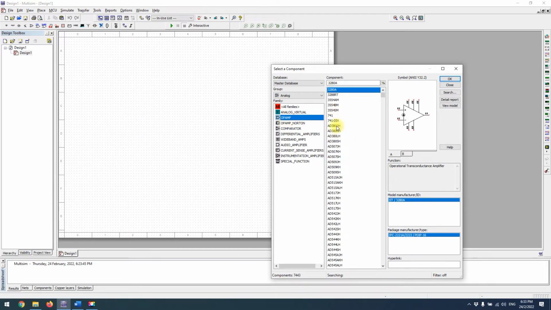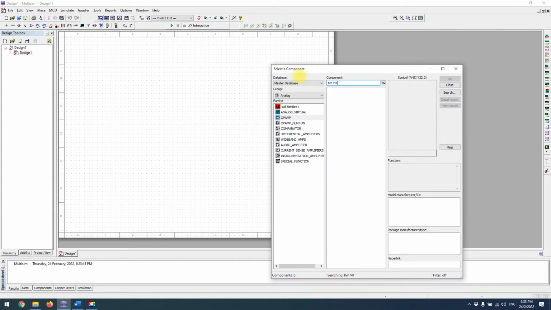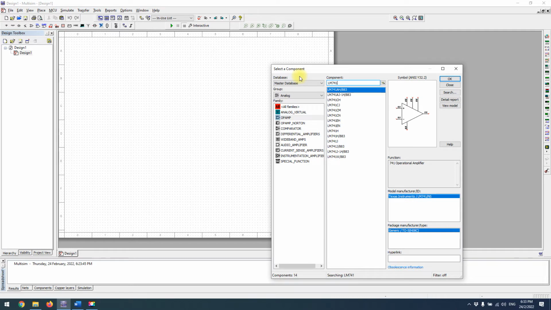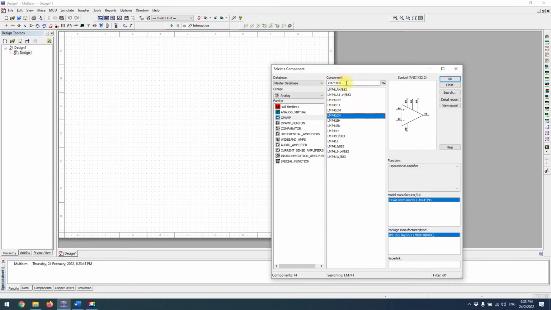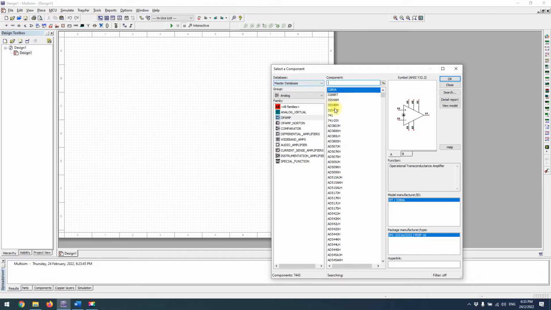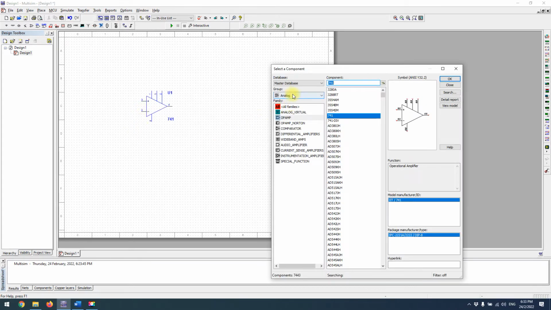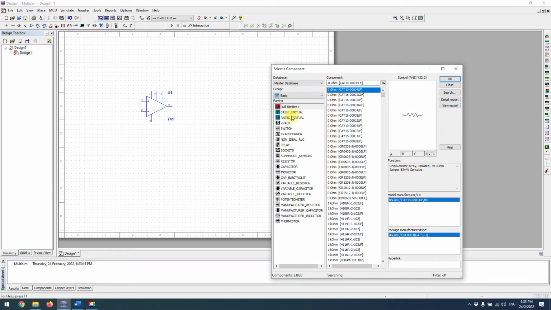And as I said previously, we are not going to be using exactly the LM741, right? We are not going to be using exactly this one. What we're going to be using is this one, right? So click OK, drop it, and then now we need resistors.